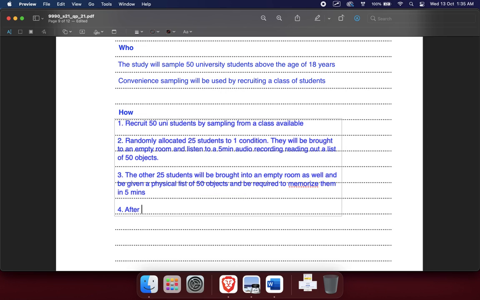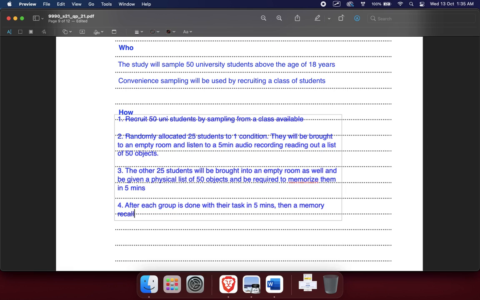Okay. After each group is done with their task in 5 minutes, then a memory recall test is administered.